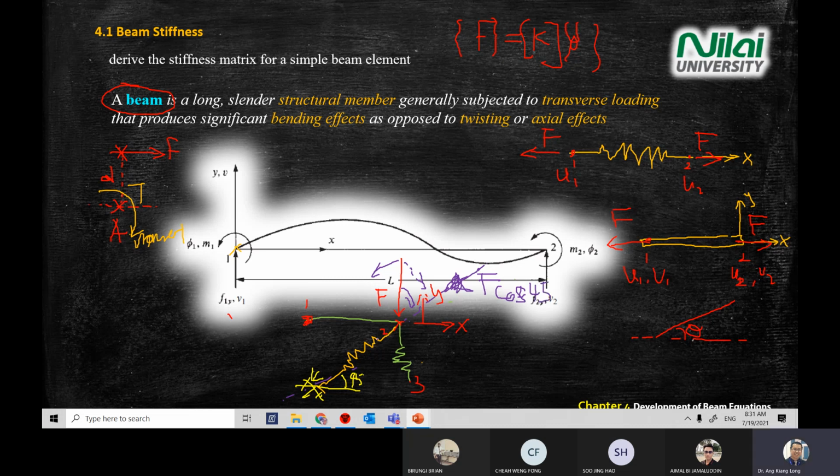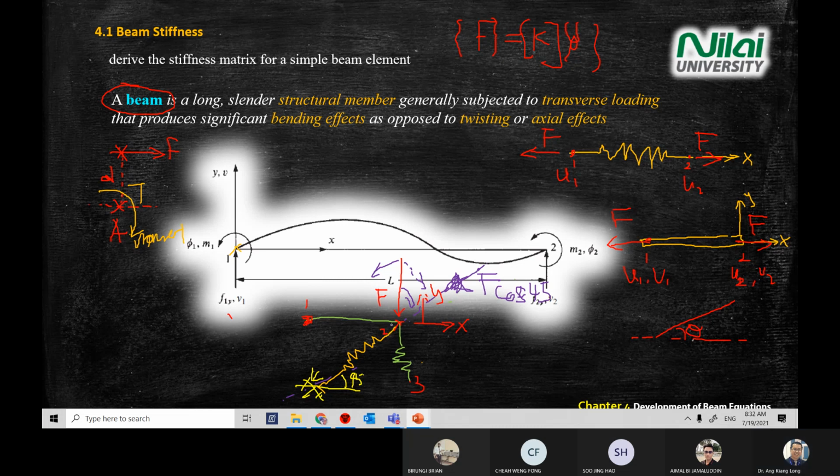Force cos 45 will be acting on the yellow color spring. So this is the difference.